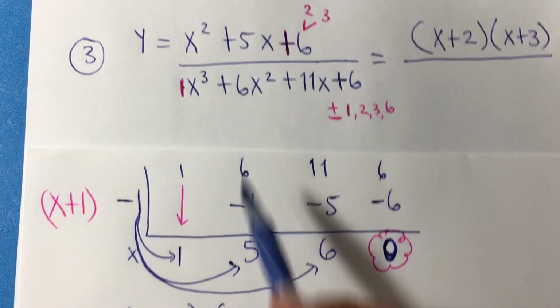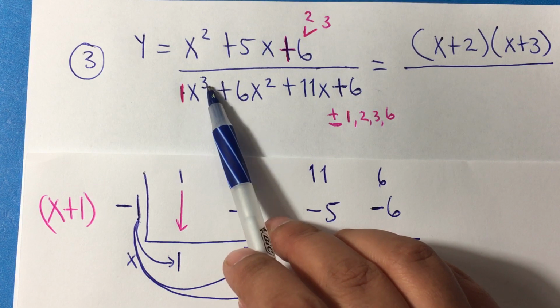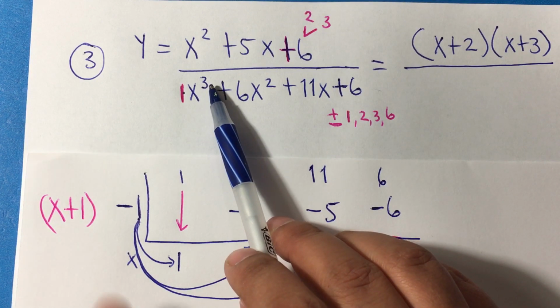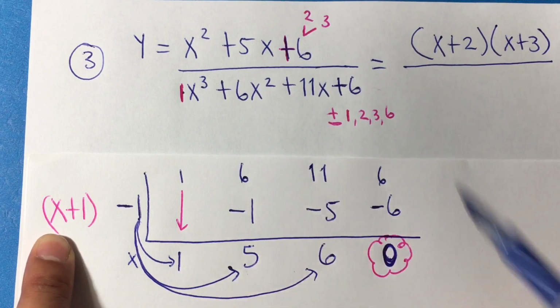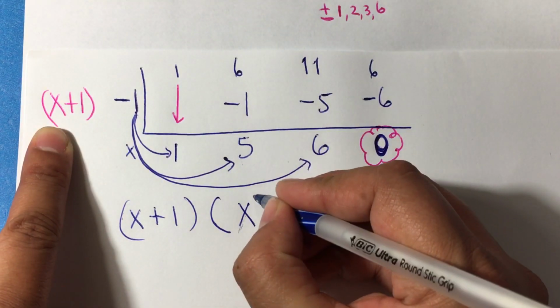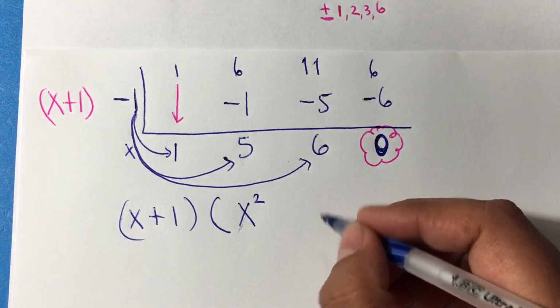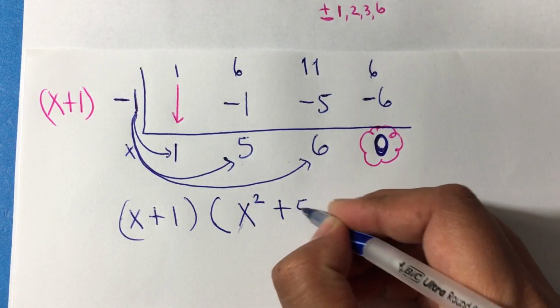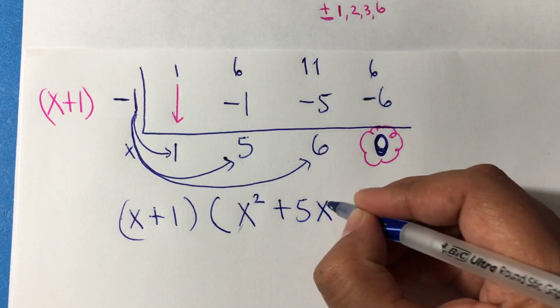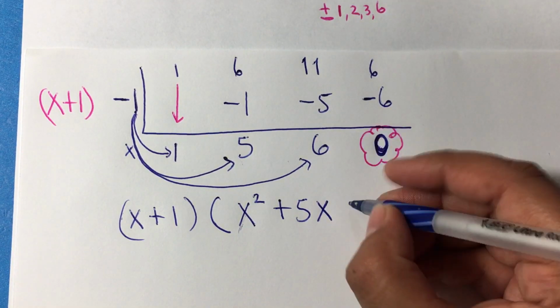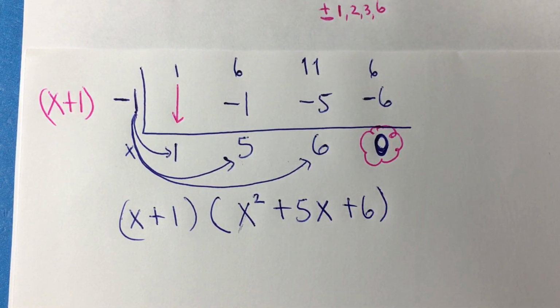And we put x. Now we're not going to get x cubed because we already took one of those x's. We go to the next degree, which is squared. The 5 will be the coefficient of x with exponent 1. And the 6 will be my constant.